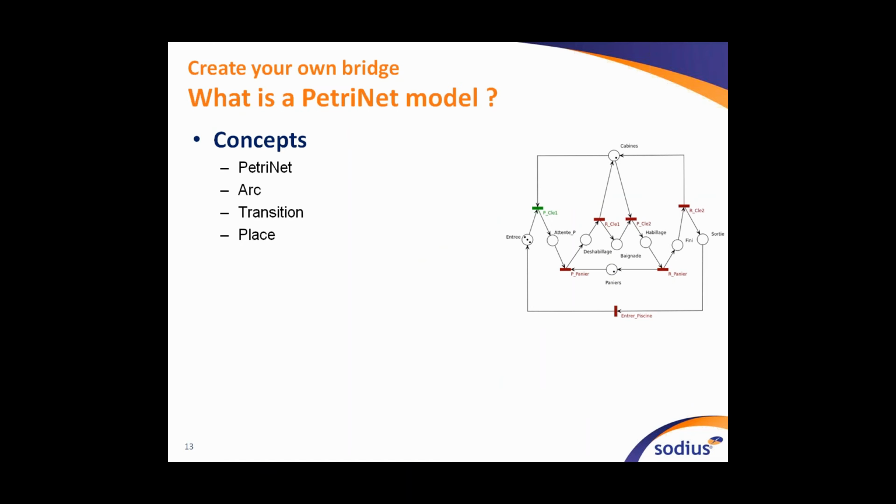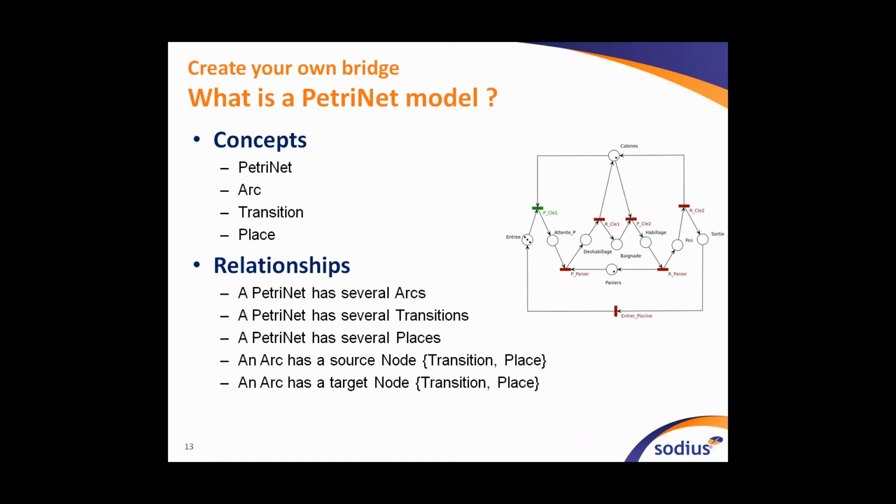Between places you have an arc and you have some transitions. The relationships between the elements are: a PetriNet has several arcs, several transitions, and several places. An arc has a source node and a target node.